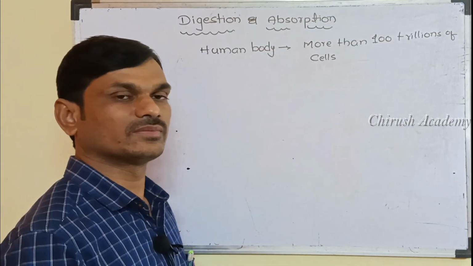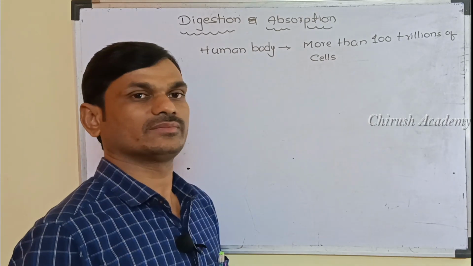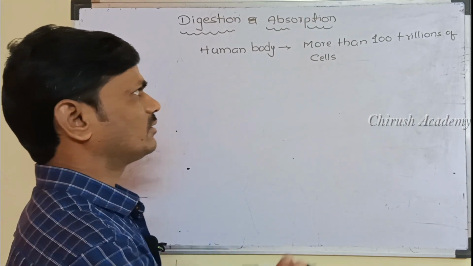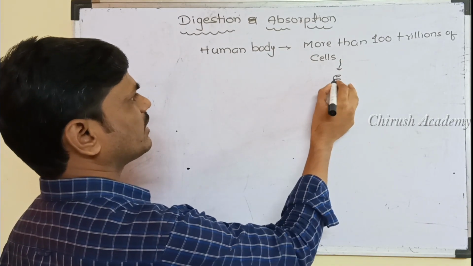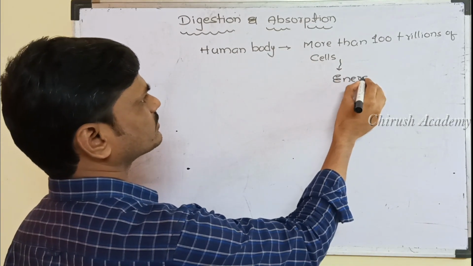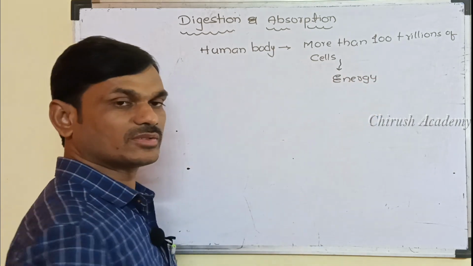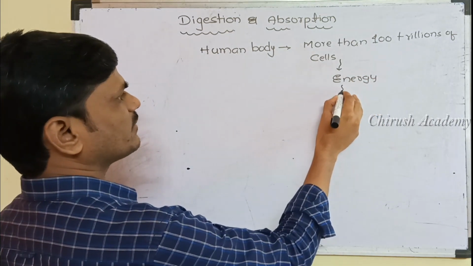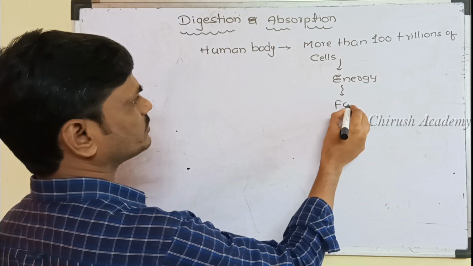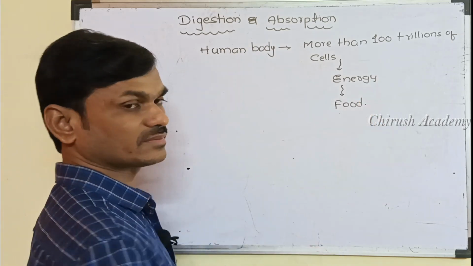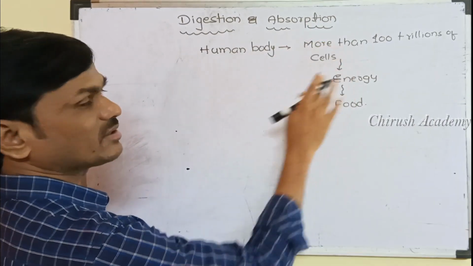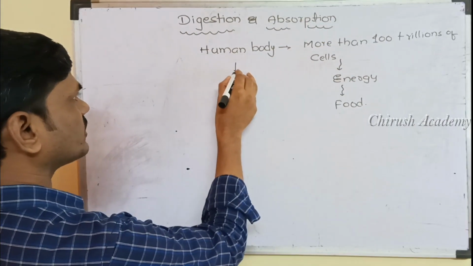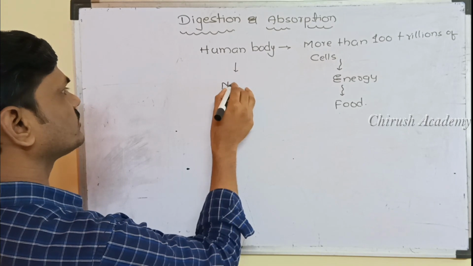All these cells need energy. So all these cells depend on energy, and this energy we get from food substances. All these body cells require nourishment.